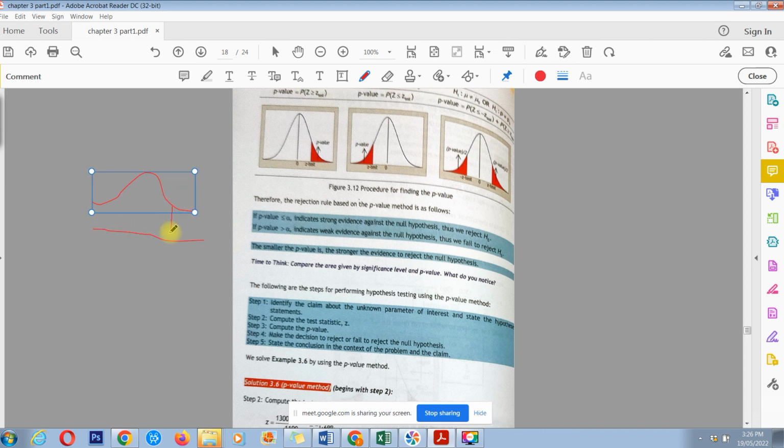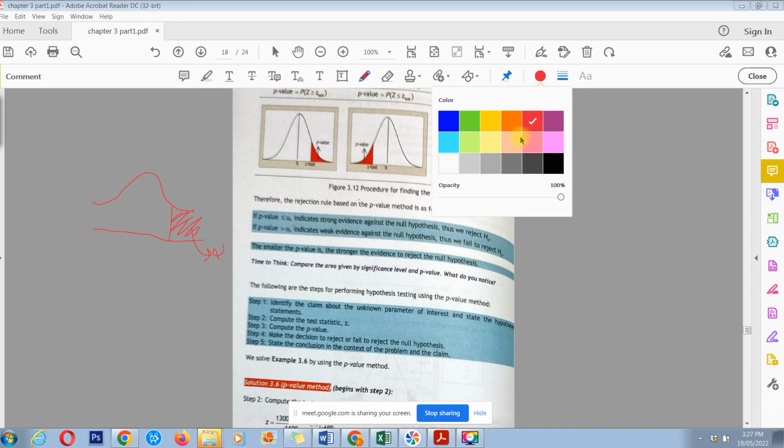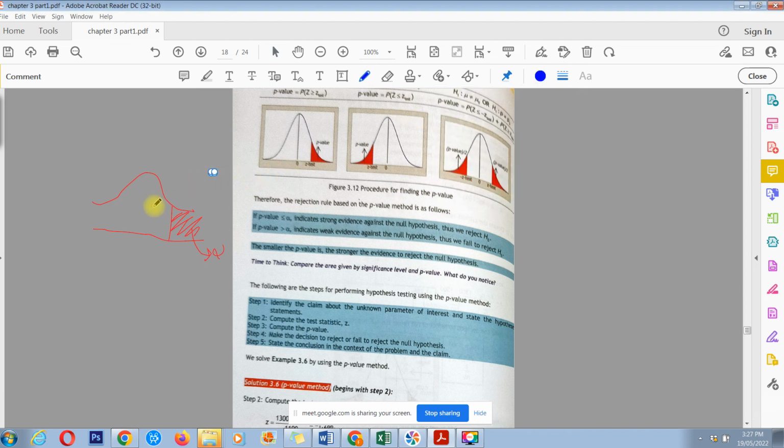For example, if this is the alpha, the rejection area, he says that the p-value is greater than alpha. So the coverage of the p-value, for example, is greater than alpha.